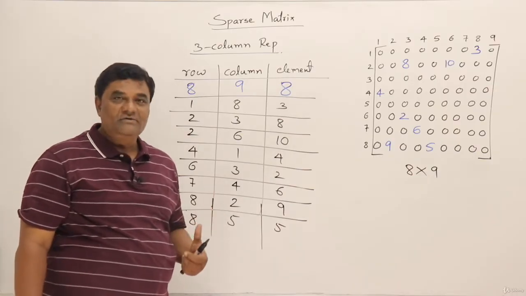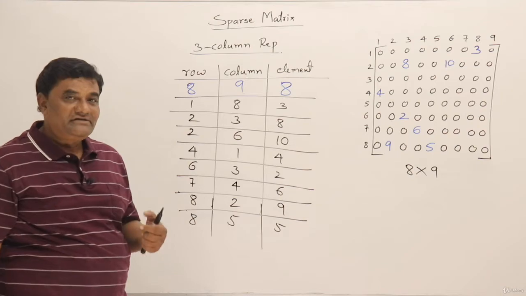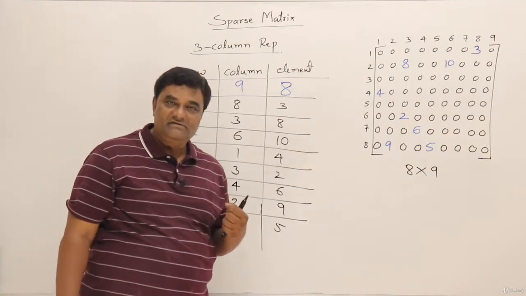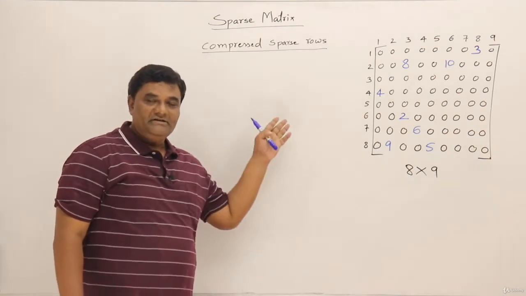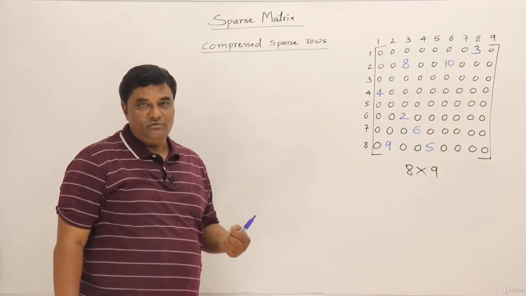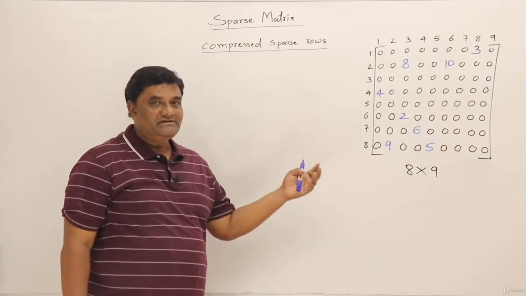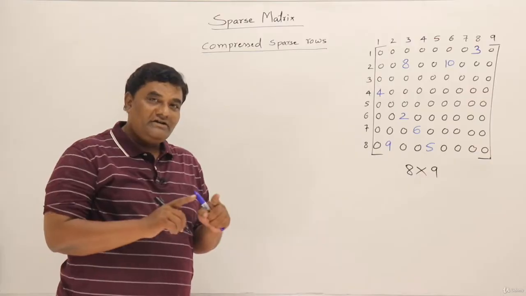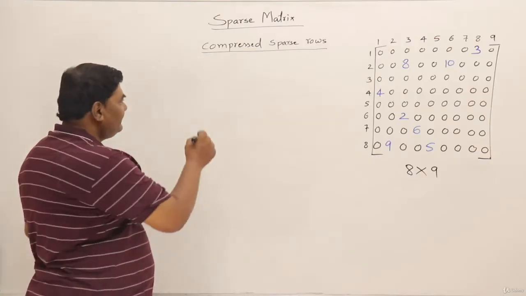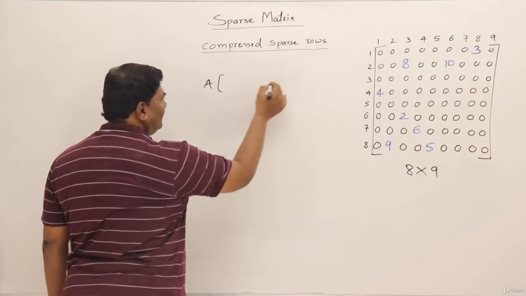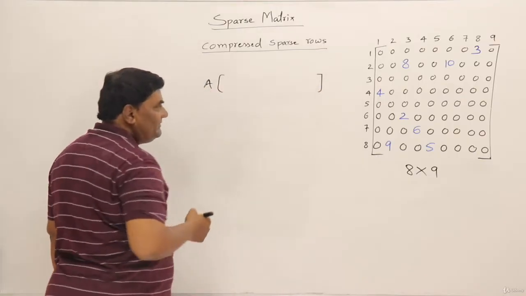But before that, let us look at the second method, compressed sparse row. In this method, a sparse matrix is represented using 3 arrays. The first array is the list of non-zero elements.